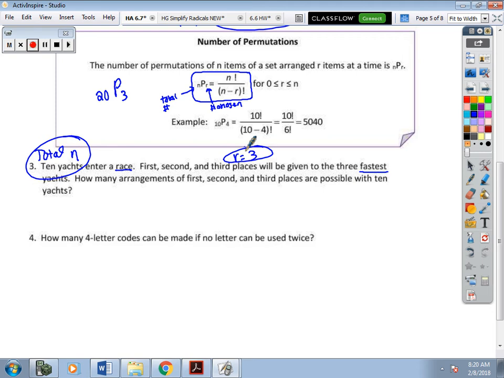So for this one, we would be doing 10P3. We use the formula above to practice, and then the next one I'll show you calculator problems. So this is n factorial over the quantity n minus r factorial. So 10 factorial over 10 minus 3 factorial.